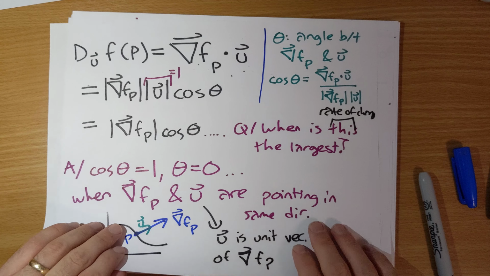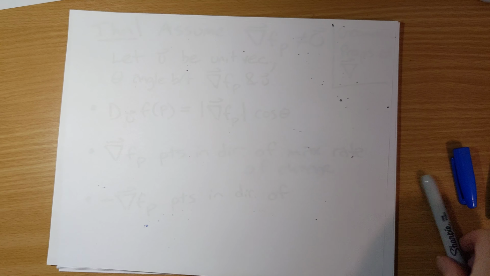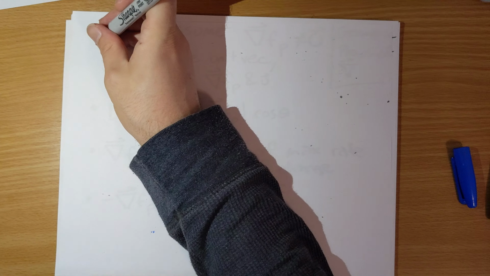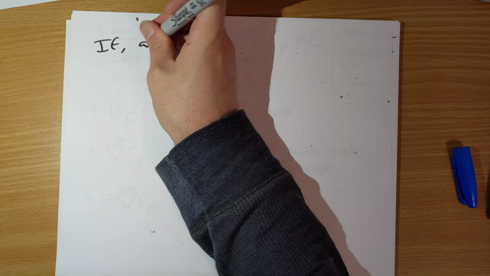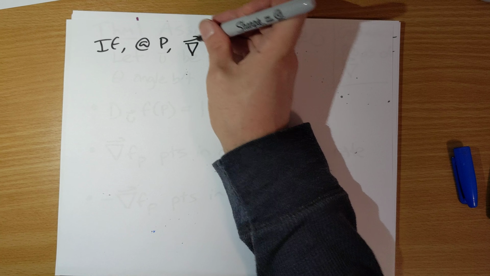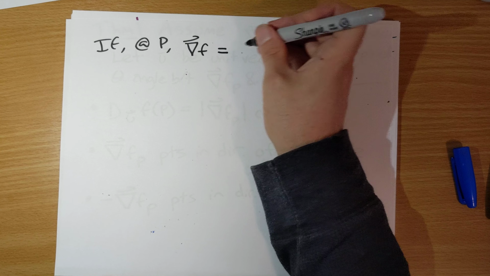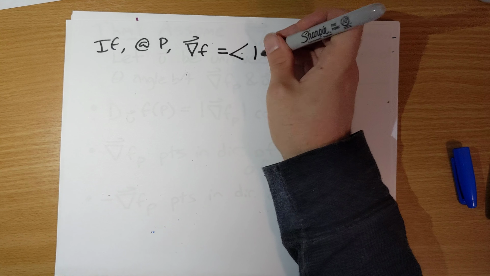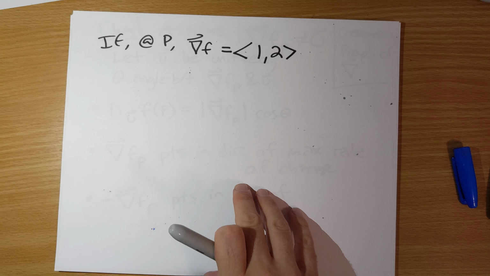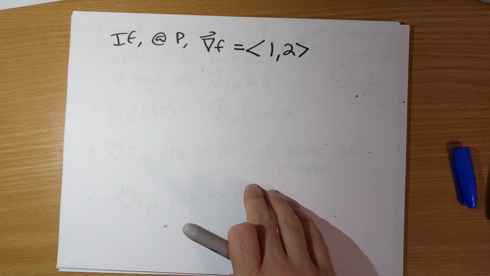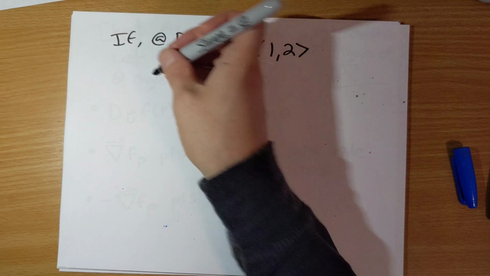this just kind of tells you at a particular point. Let me just make up an example here. If at P, the gradient f is equal to the vector 1, 2, what direction gives you the maximum rate of increase?